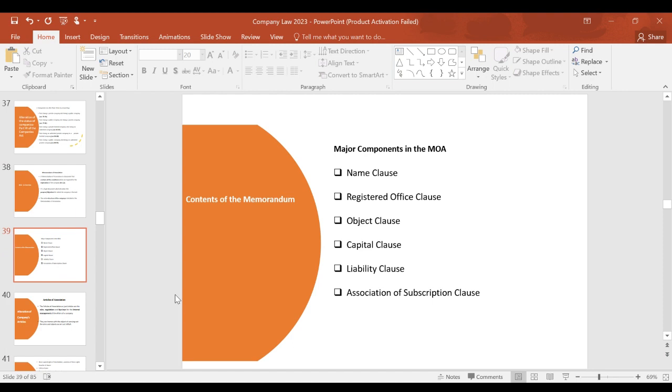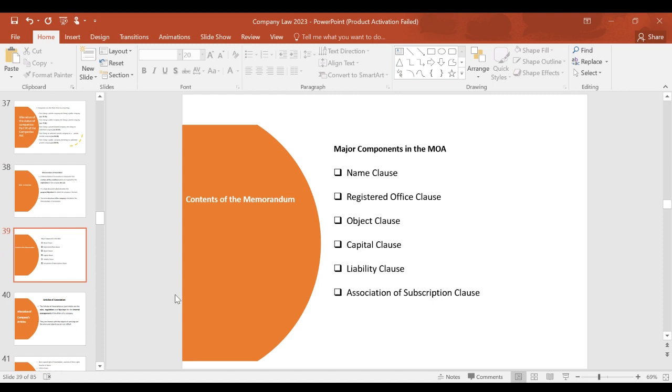The memorandum must also indicate the capital of that company, especially if it's limited by the shareholding. So it has to indicate the statement of capital. It must be also relayed at the same time when you are applying for registration of that company.